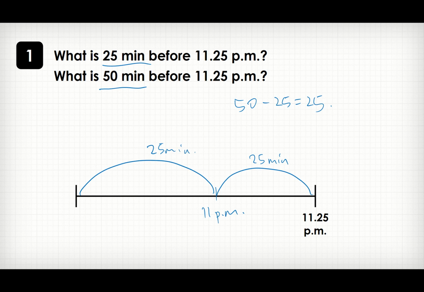What is 25 minutes before 11 p.m.? That will be 10:35 p.m. How do I get that? Make 60. 60 minus 25 is equal to 35. That's how I got my 35. And 10 is just the hour before 11 p.m.